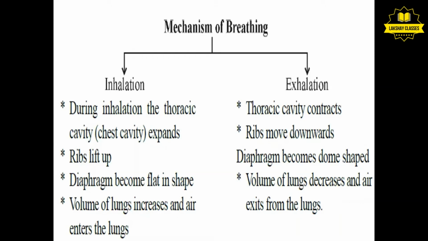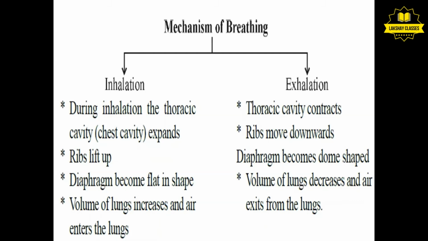Next we are discussing the mechanism of breathing. The mechanism of breathing involves inhalation and exhalation. When we inhale, what happens? Our chest cavity expands, the ribs move outwards and the diaphragm goes downwards, due to which the space in the thoracic cavity increases and our lungs expand.